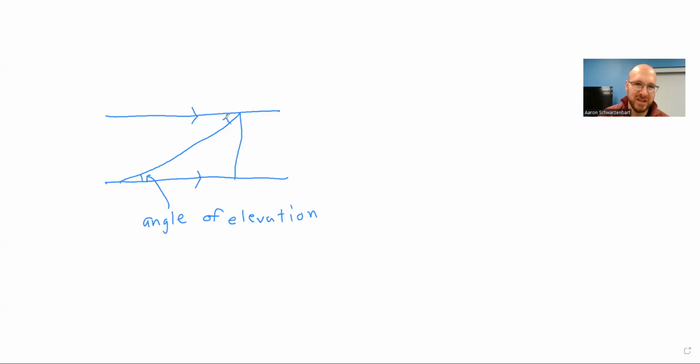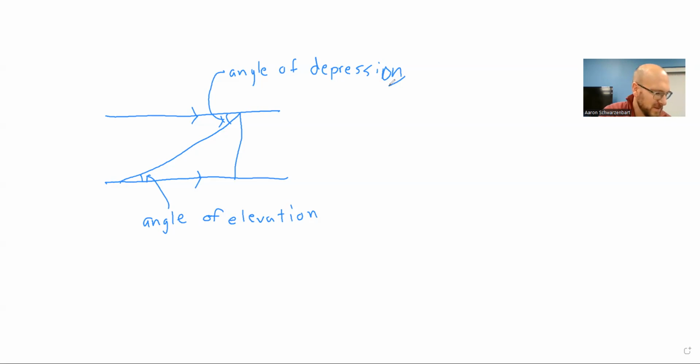And then here we have the angle of depression. Okay. And so when we hear those terms, that's what it means, and that's going to be helpful in drawing our triangle.